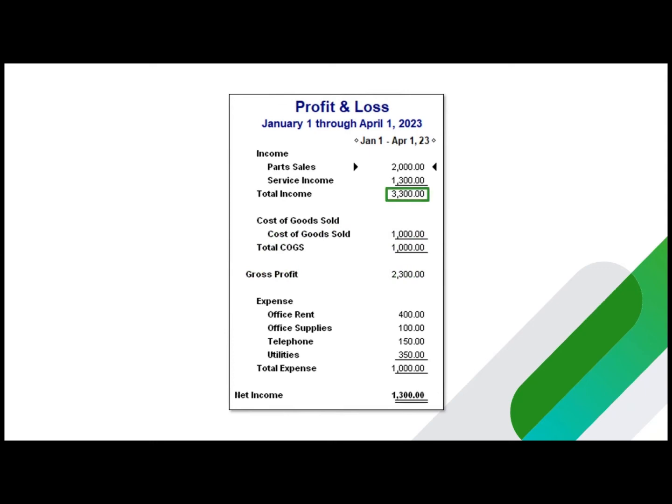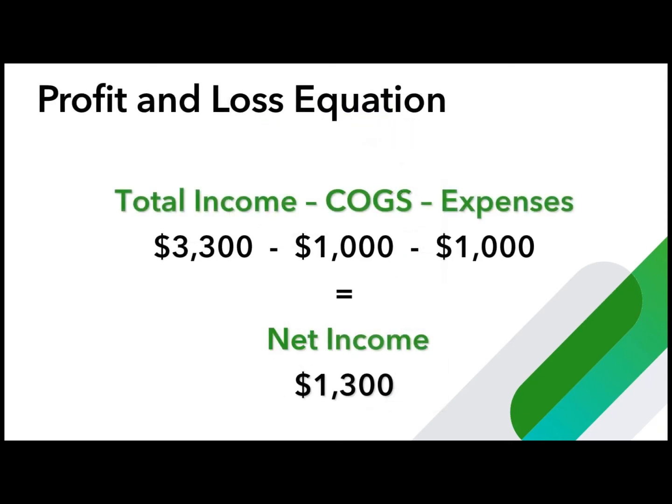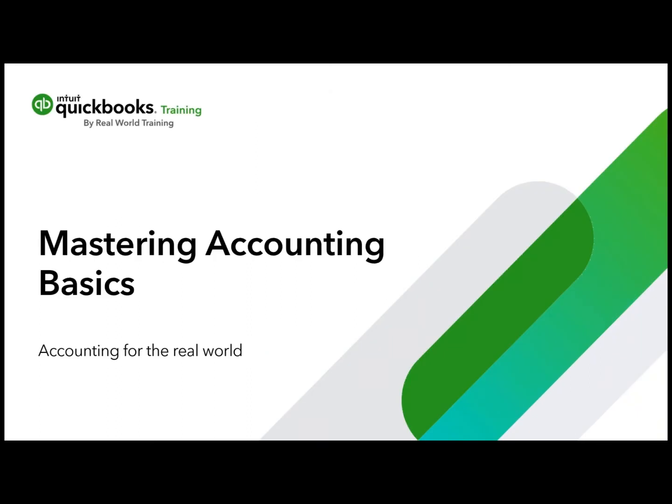On this profit and loss statement, total income is $3,300. Subtract cost of goods sold of $1,000 and expenses of $1,000. The result is a net income of $1,300. Here you see how the calculation works. You now have a general overview of basic accounting concepts. In the next topics, you learn the finer details of accounting.